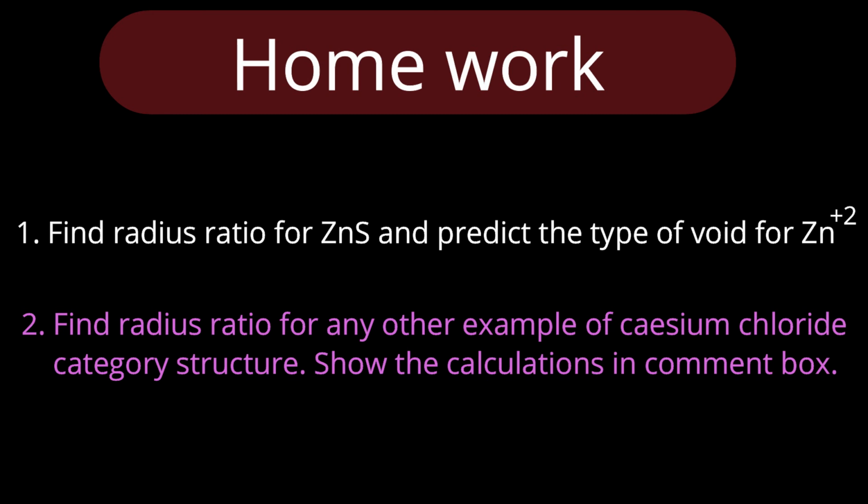Out of those two, for any one example, you have to show the calculations for the radius ratio and present those calculations in the comment box. Are you getting these two questions? I am waiting for your answers. Let us discuss the structure of zinc sulfide cubic category in the next part.